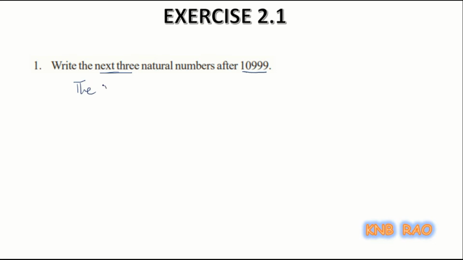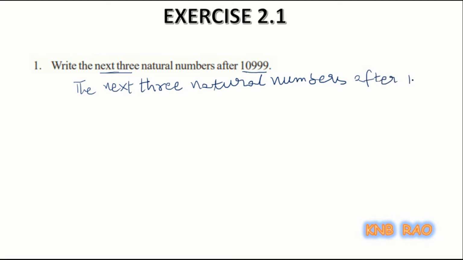So the next three natural numbers after 10,999 are: one more than that will be 11,000.